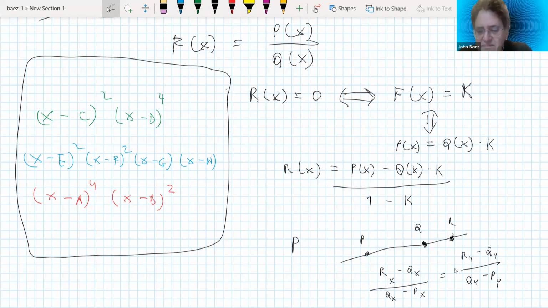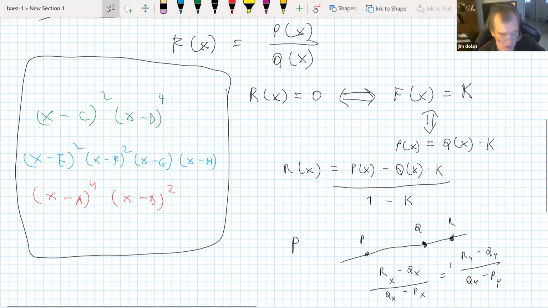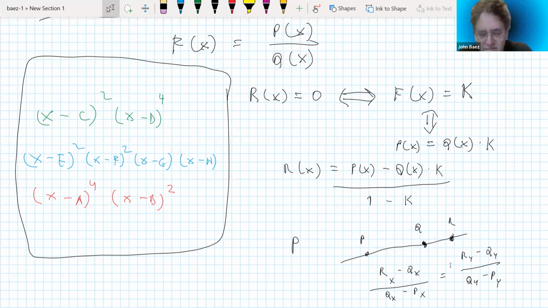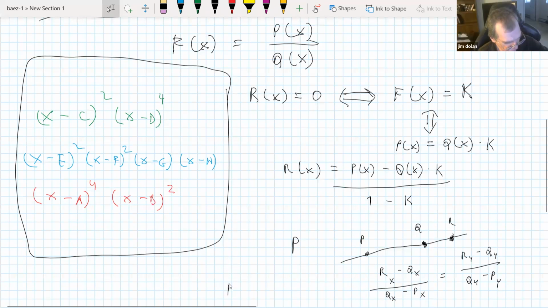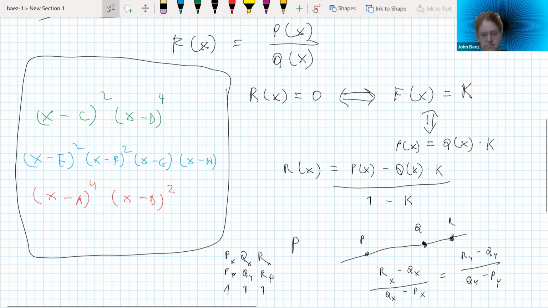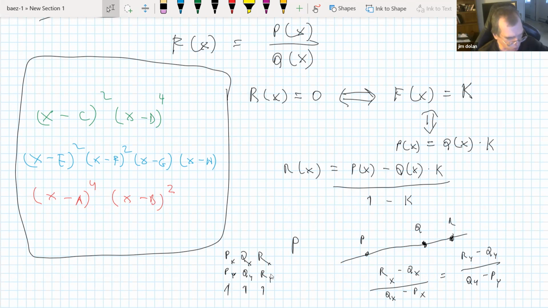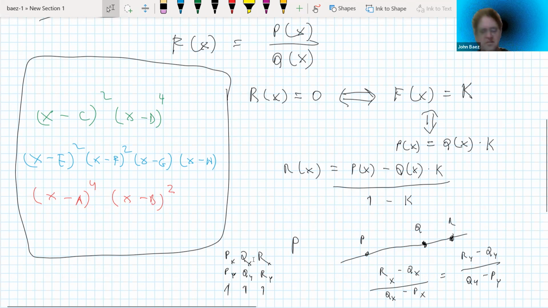And if you think about it, those 6 terms correspond to the 6 permutations of P, Q, and R. This is really just a kind of determinant of, we've got 1, 1, 1, and PX, QX, RX, and PY, QY, RY. Somehow the 1s are there because we're dealing with affine linearity instead of linear linearity or something like that. Okay, that's cool.